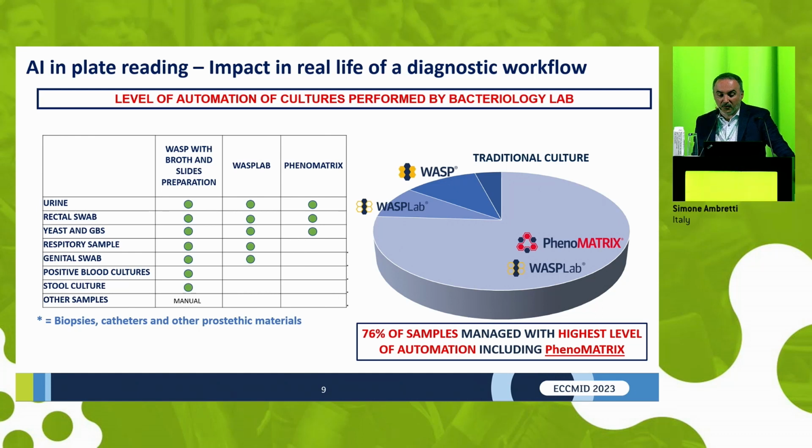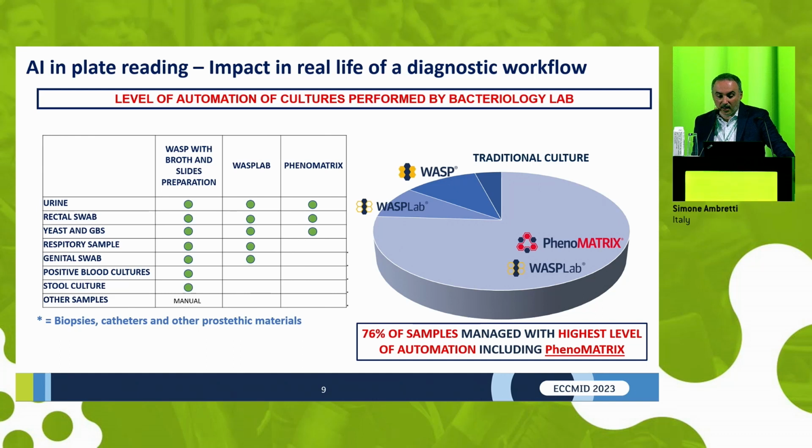If we stratify our bacteriology cultural samples based on the level of automation, we can say that currently we are using the traditional approach with manual streaking and with visual operator reading for a very little part of our routine samples. Less than 5% of samples, represented in particular by biopsies, catheters, and other prosthetic materials.